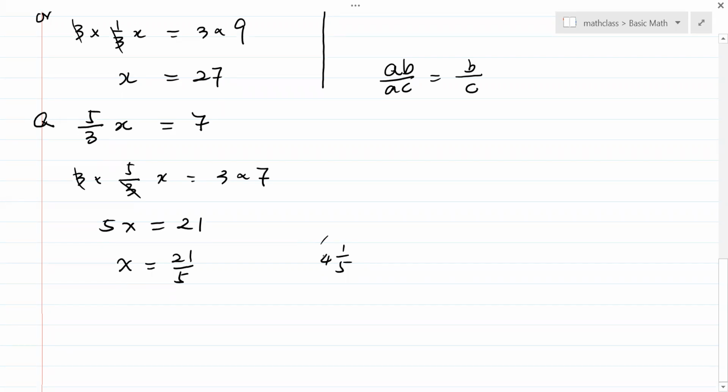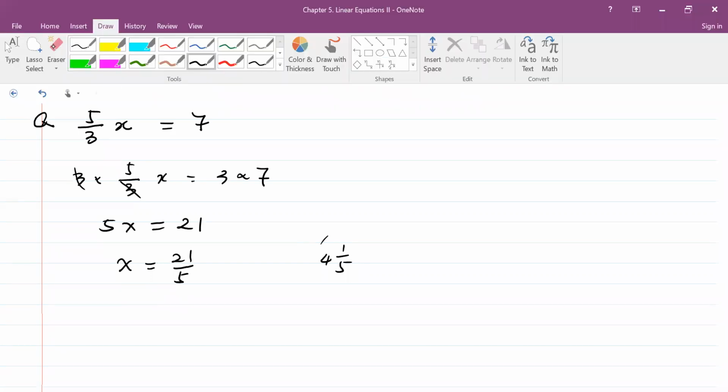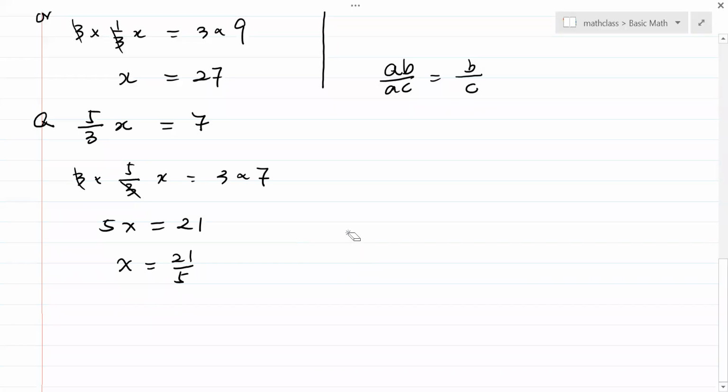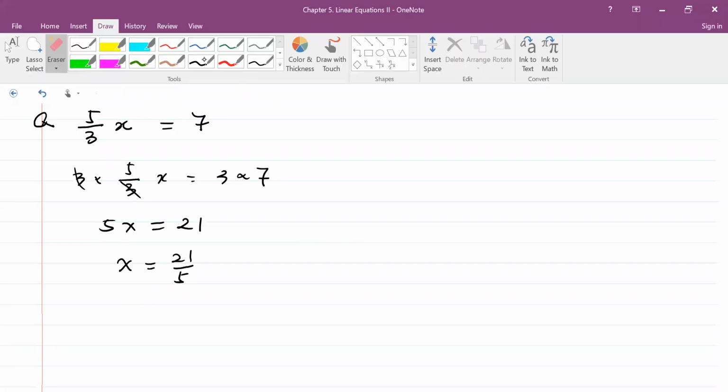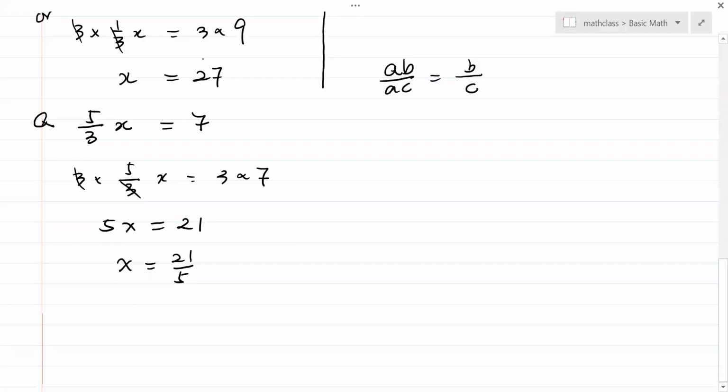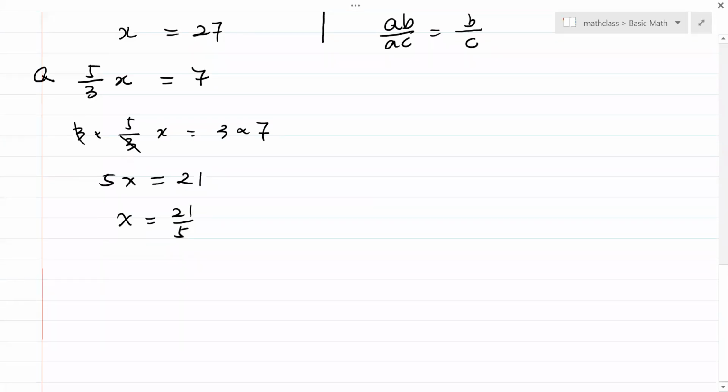So we don't want to write this in the computation in the future. Unless it's specified at the end that your answer should be expressed in that form, during the computation you shouldn't use that form. Only at the end do you change this 21 over 5 to 4 1/5. But let's keep this.